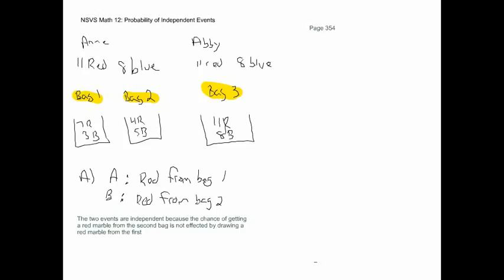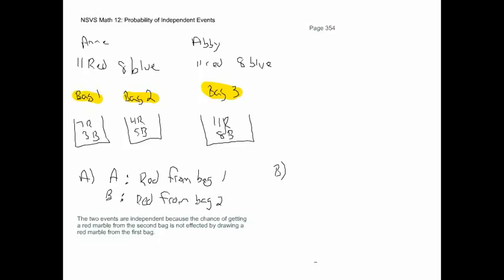When two events are truly independent, the probability of one does not affect the probability of another. So the chance of getting a red marble out of the second bag isn't going to change regardless of what happens when she takes a marble from the first bag. So those two events are independent of one another.